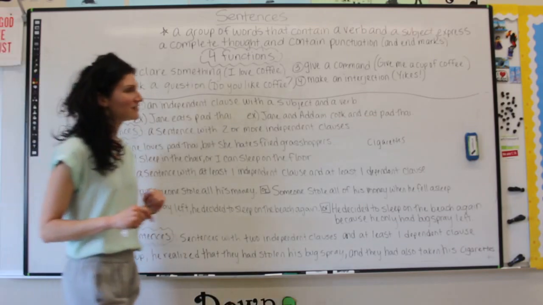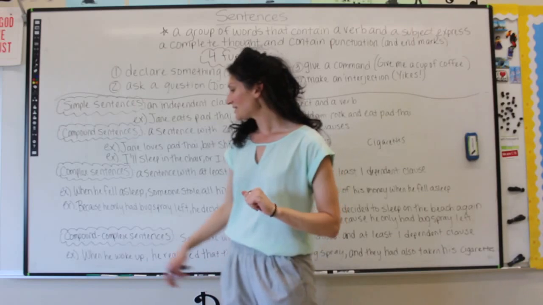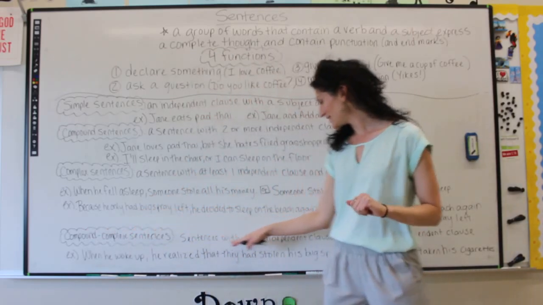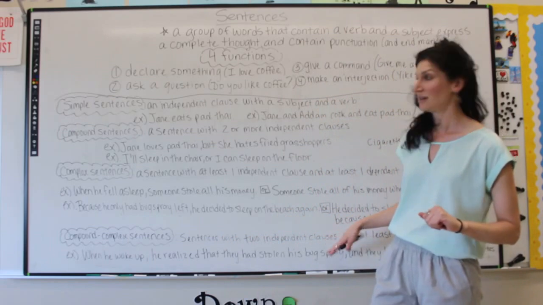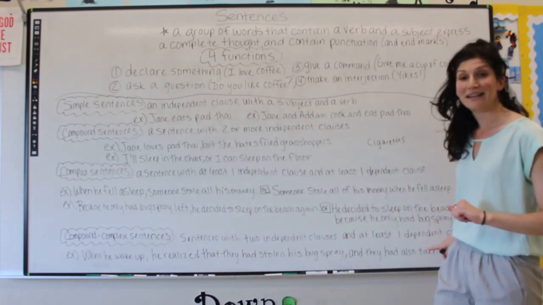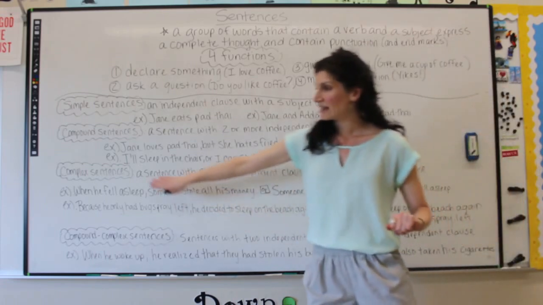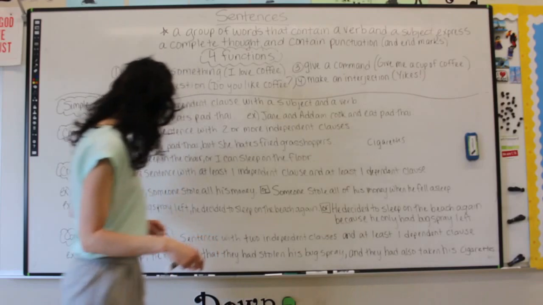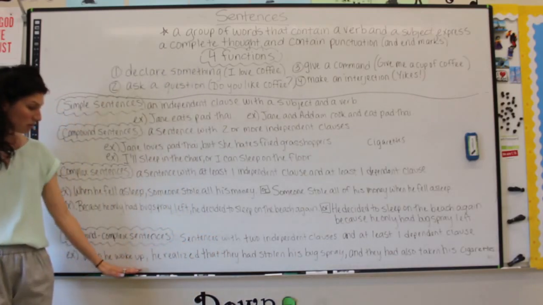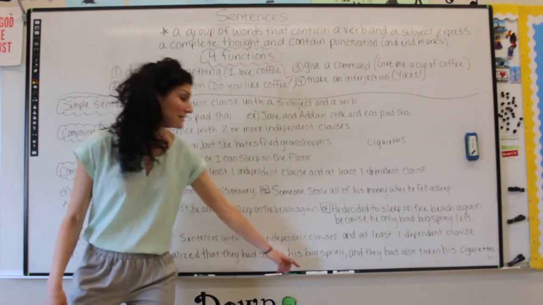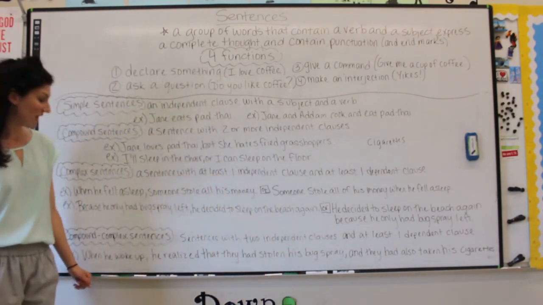The last kind of sentence that we're going to talk about is called a compound complex sentence. They're sentences with two independent clauses, so that would be the compound part, and at least one dependent clause, and that would be the complex part. So let's take a look at the example that I have here. When he woke up, he realized that they had stolen his bug spray and they had also taken his cigarettes.